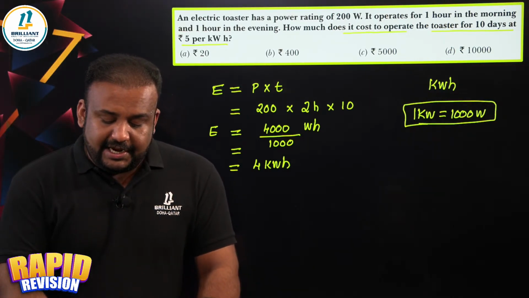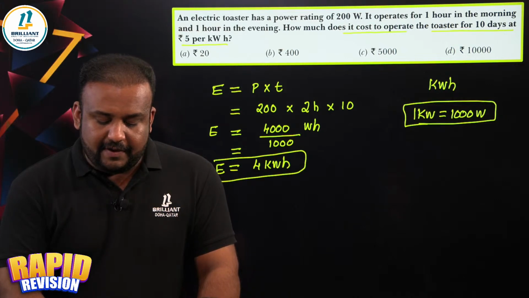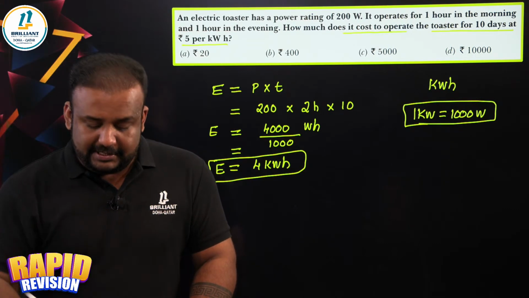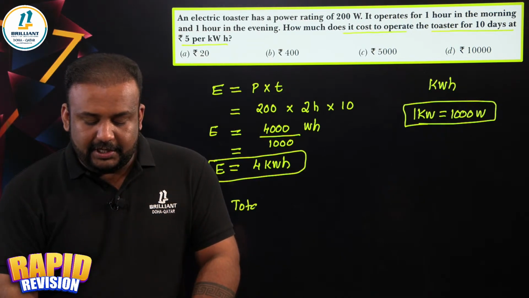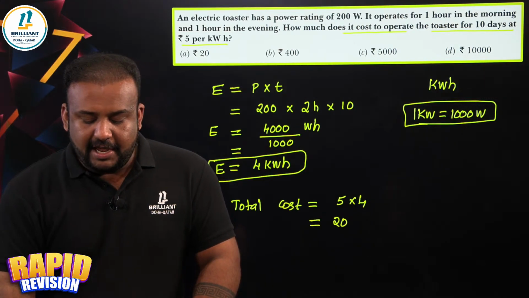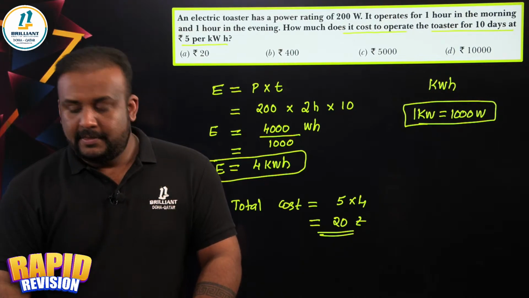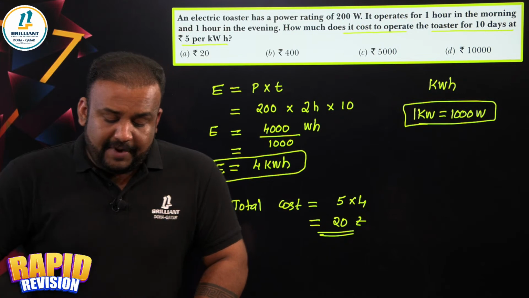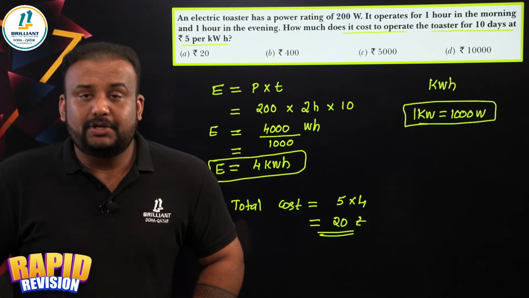So the total energy consumed is 4 kilowatt hour. Now, if 1 kilowatt hour costs 5 rupees, what is the total cost? The total cost is 5 × 4 units of electricity, which is 20 rupees. This will be the total cost to operate this toaster.